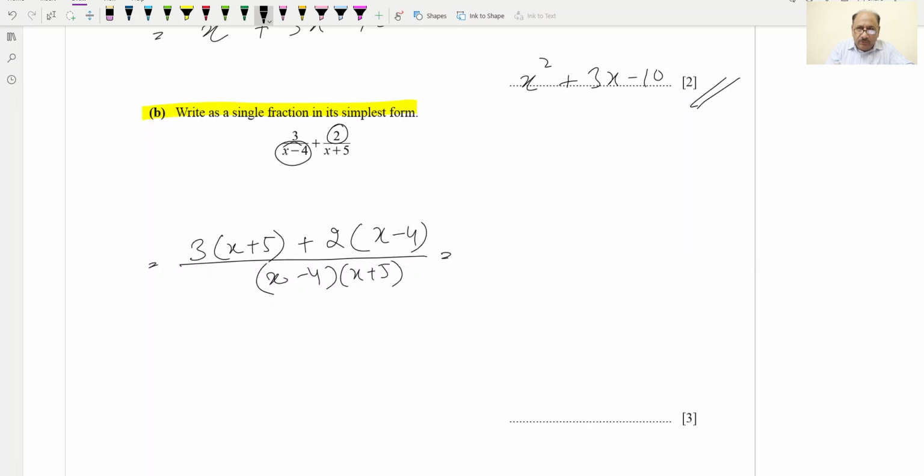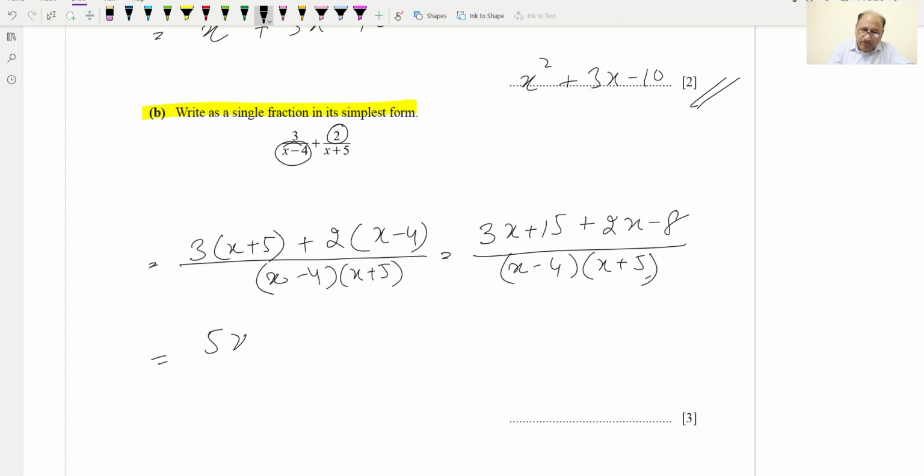Now we have to open the brackets and add the like terms. So opening brackets of the numerator only, so it will be 3x plus 15 and plus 2x minus 8, and divided by this will be x minus 4 into x plus 5. And now we can add the like terms. 3x plus 2x will be 5x, and 15 minus 8 will be plus 7, and divided by x minus 4 into x plus 5.